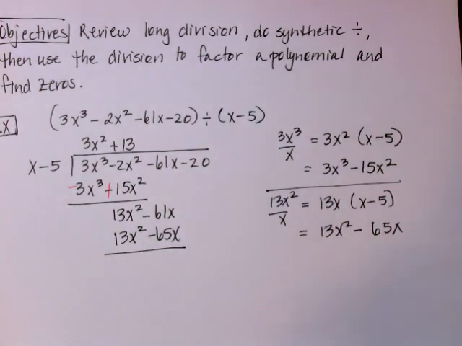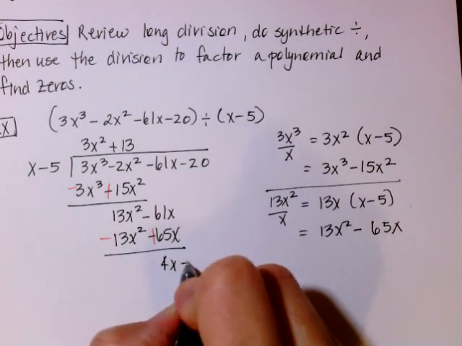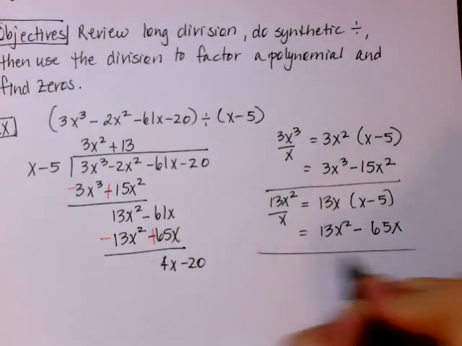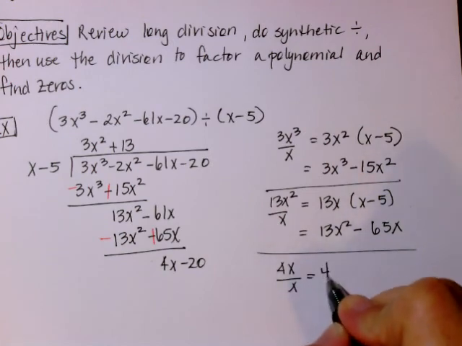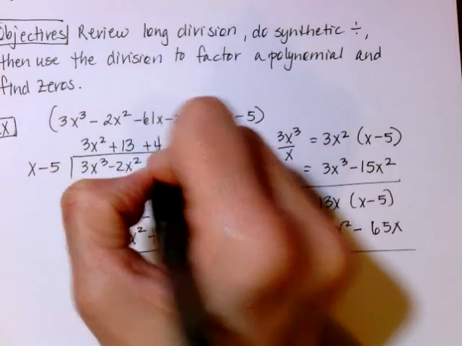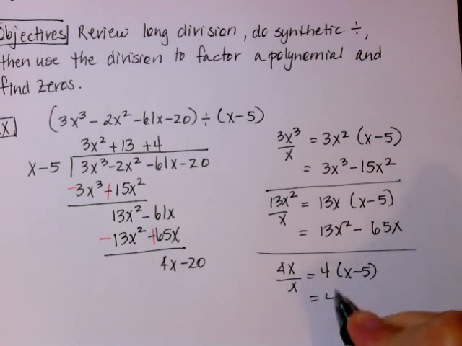Draw my line. Change the signs. 65 minus 61 is 4x minus 20. Okay. 4x divided by x is going to give me 4. Write it up top. Multiply through, and I get 4x minus 20.